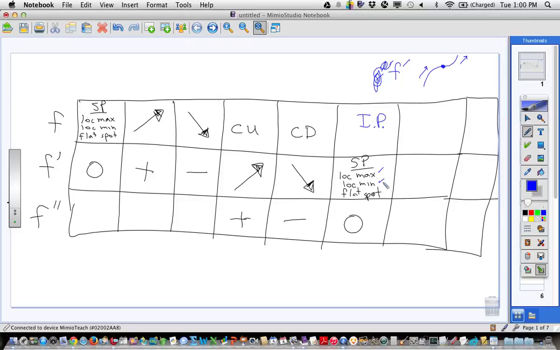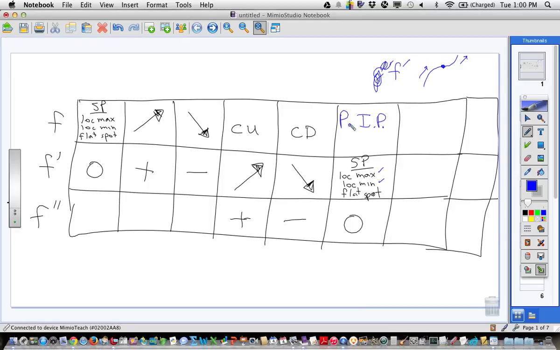Only if it's a local max or local min. So we're going to put in PIP, possible inflection point. And here's the thing. It's a possible inflection point. What has to happen for you to have an inflection point? You've got to have a switch in concavity. In this case, there's no switch in concavity because F prime is going up and keeps going up.